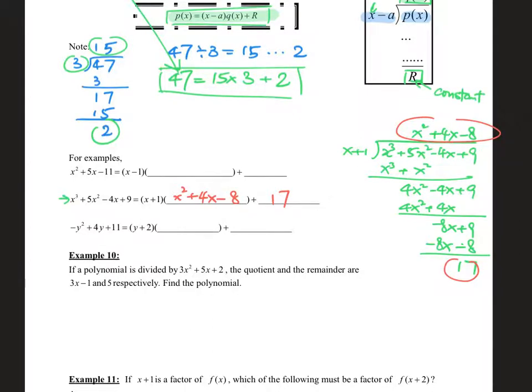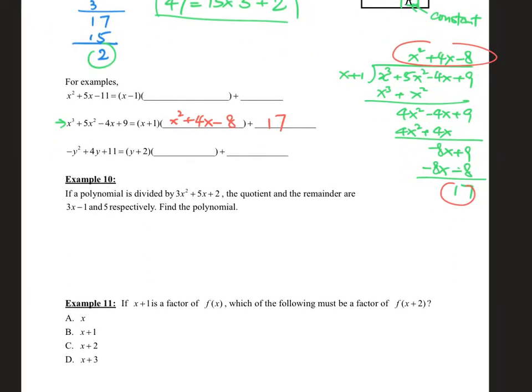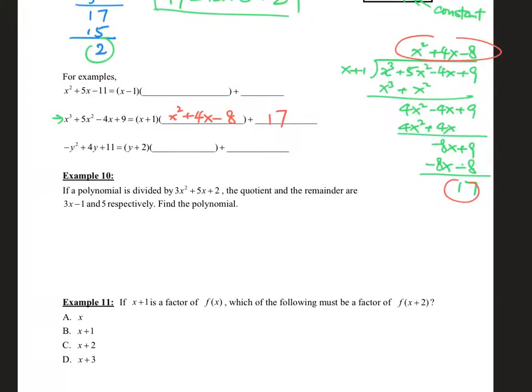The other situation you may see in a question will be like example 10. It tells you a certain polynomial, so that means it's an unknown, which is divided by 3x squared plus 5x plus 2. It gives you the quotient 3x minus 1, remainder 5.